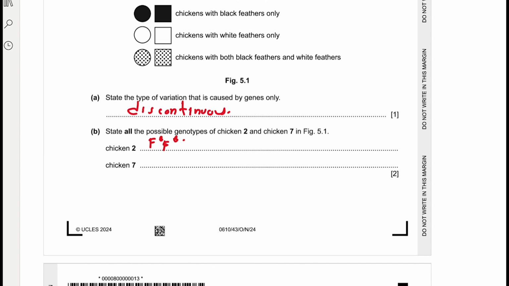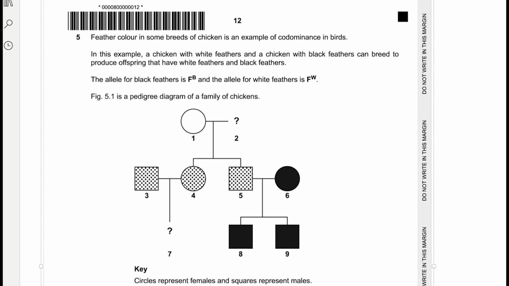Alright, then chicken 7. What is chicken 7? Chicken 7 is a breed of white and black. So if it's a breed of white and black, if we do the pedigree diagram, it's going to be this way.